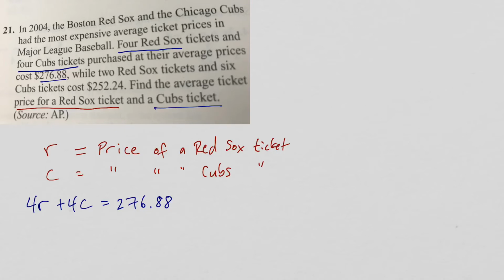Then we read on, it says 2 Red Sox tickets and 6 Cubs tickets is $252.